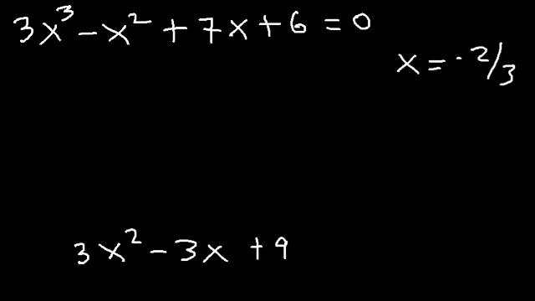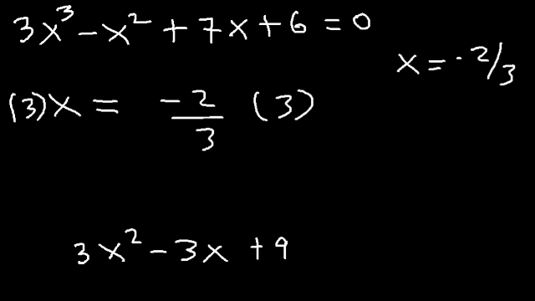Now, how can we convert this solution into a factor? How can we do that? So we need to adjust this equation, so to speak. And to do that, let's multiply both sides by 3. So 3x is equal to, the 3's will cancel, so 3x is equal to -2. And now what we're going to do is add 2 to both sides.